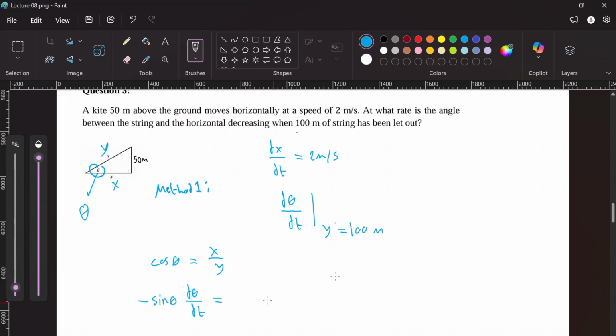So we have 1 over y dx over dt. Then the derivative of 1 over y times x. What is the derivative of 1 over y? Minus 1 over y squared dy over dt. So we will have minus x over y squared dy over dt. Good.